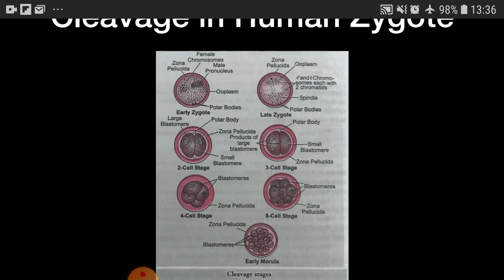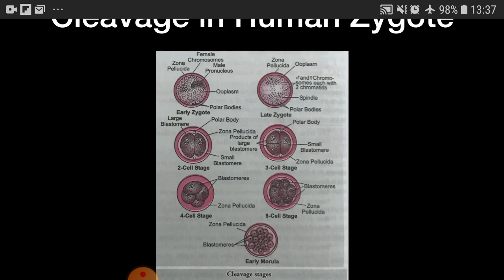The first cleavage takes place about 30 hours after fertilization. It is meridional, coinciding with the animal-vegetal pole axis. It produces two blastomeres, one slightly larger than the other. The two blastomeres remain adhered to each other, that is, they stick to each other. The second cleavage occurs within 60 hours after fertilization.